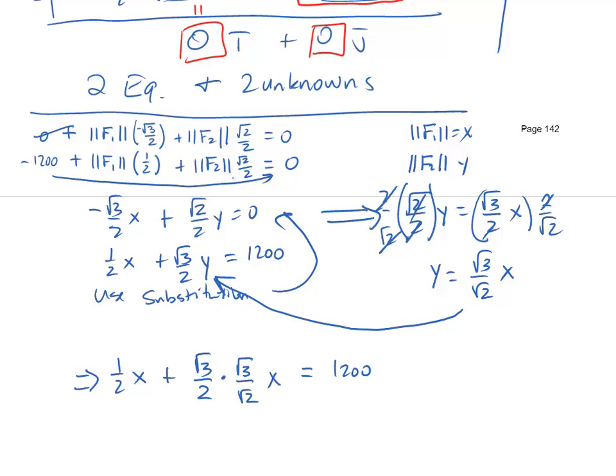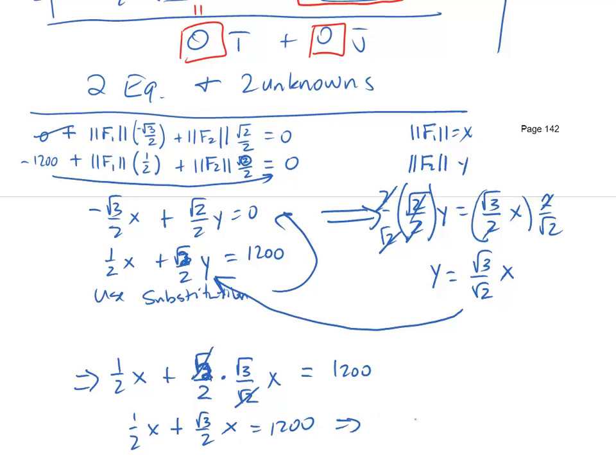Oops, I made a small mistake. Catch it right here. This right here was a 2, so there should have been a 2 here. Sorry about that. So we caught the mistake. That's now square root of 2 over 2 times the y. The square root of 2's cancel, and I have 1/2 x plus square root of 3 over 2 x equals 1200.